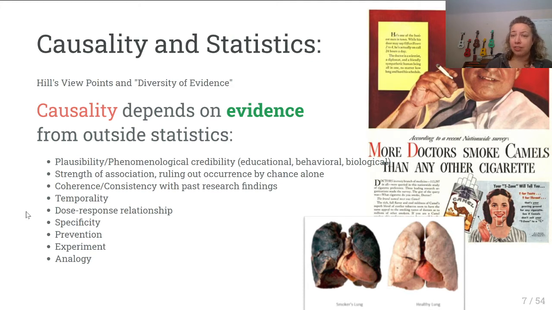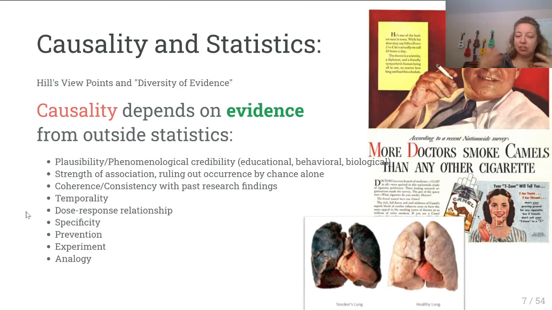We need a strength of an association, and that has to do with hypothesis testing in an observational study. Consistency with other sources of research. Temporality is very important. If you have the lung cancer starting before smoking, then it can't have been the cause. So temporality is the sequential ordering: the cause has to come before the effect. Dose response: in smoking, people that smoked 2 packs a day should have higher risk of lung cancer or more severe lung cancer than someone who smokes 1 cigarette a day.